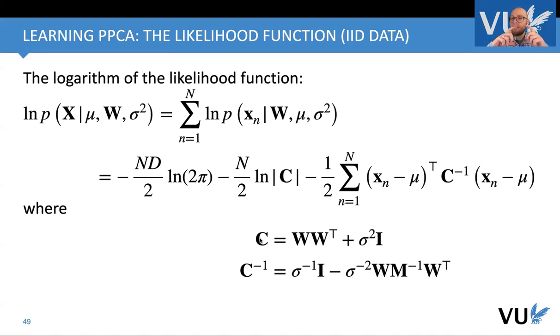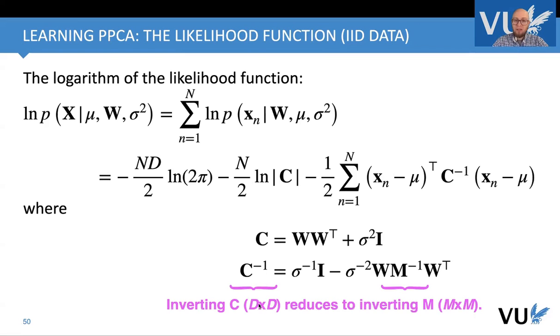Because when multiplying a rectangular matrix with a rectangular matrix, the resulting shape of these weight matrices, these covariance matrices, will simply be different. And C is for the high dimensional space, so for X, and M is for the low dimensional space, so for Z. And why is this actually beneficial?